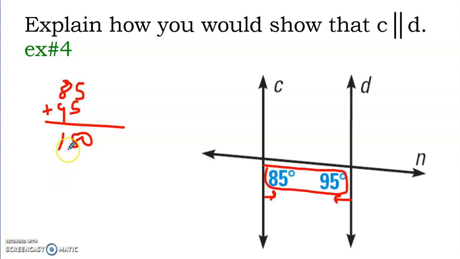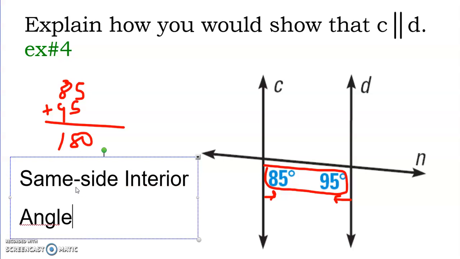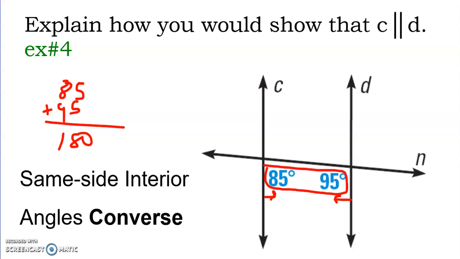Since they add up to 180, they're supplementary, and by their converse, we can say that line C is parallel to line D. So this is by the same side interior angles converse. If they didn't add up to 180, then this would not be the case.